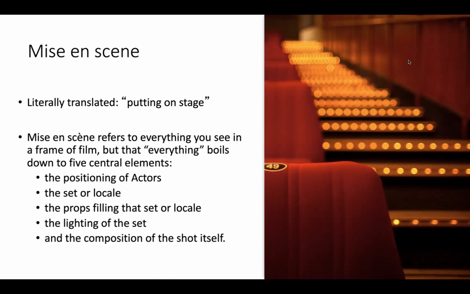But really, it boils down to five different things: the position of the actors, the set or the locale, any props that are there, the lighting, and then the composition of the shot itself. And remember, when you think about composition, it's the framing, the rule of thirds, leading lines, those kinds of things that we talked about in the first couple of weeks.